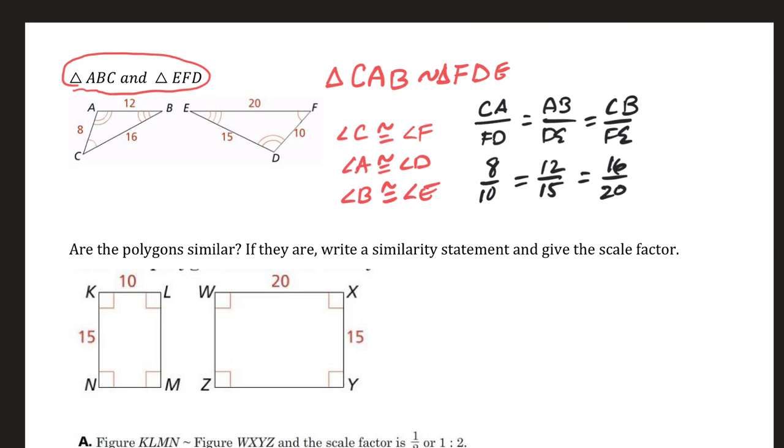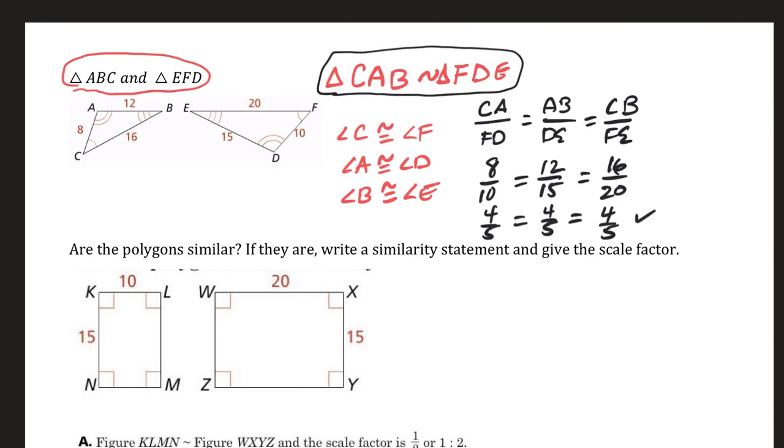So you can simplify. This is 4 over 5. You can simplify 12 over 15, which is 4 over 5. And here we have 4 over 5 again. So the scale factor is 4 over 5, and each of them are equal to each other. So we can say the statement that these two triangles are similar.